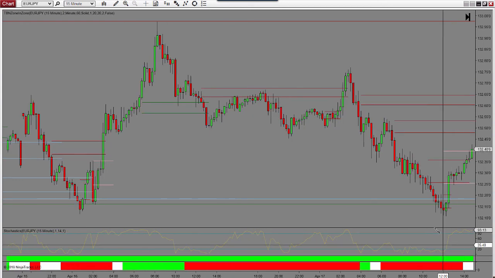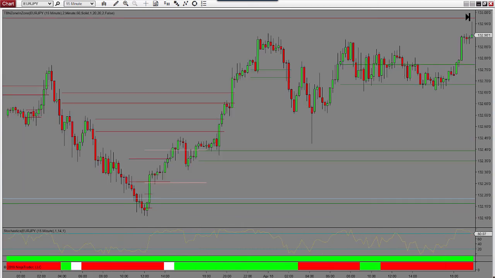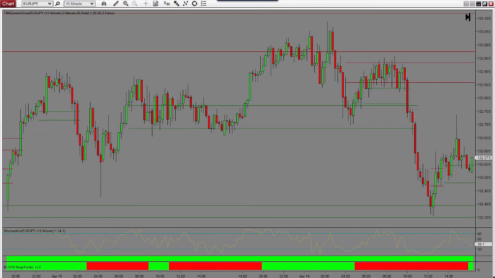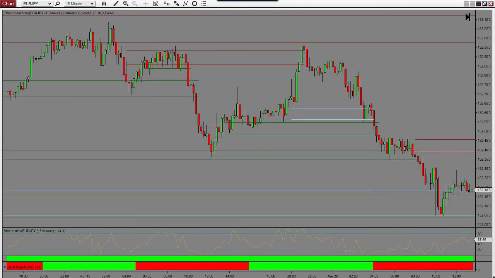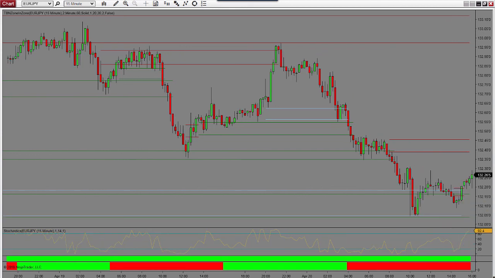Both losers. Now look what it did down here again where it was doubled up. Again, it bounces. Now it's coming down to the bottom line where it's doubled up.